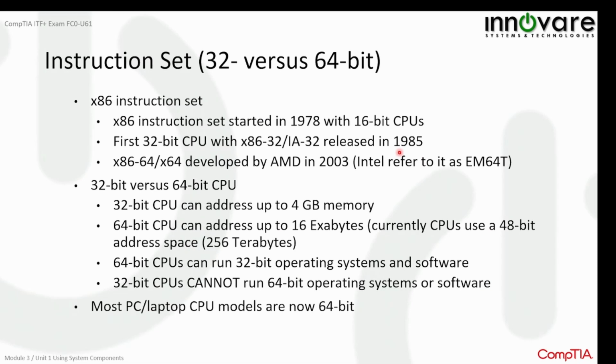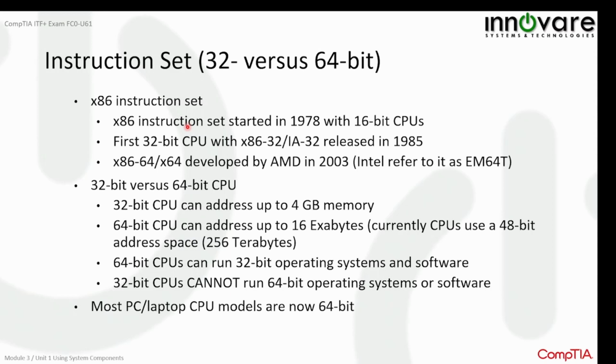And hopefully, who knows, but it is rarely asked, just for your knowledge, since the late 70s, computers have been born and CPUs have been utilized. It started with 16-bit, and after that came 32-bit.